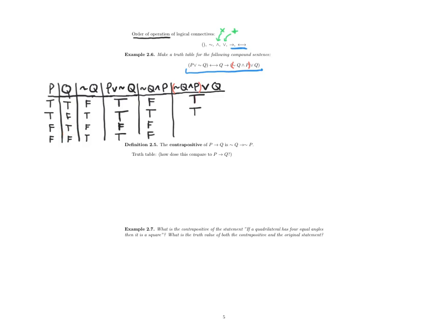Well, if Q is true, then the or statement is true, since here is Q, only one of them needs to be true. And here we have false, false. So our statement here is false exactly when Q is false and not Q and P is false. Okay? So we have those done. So that's great.